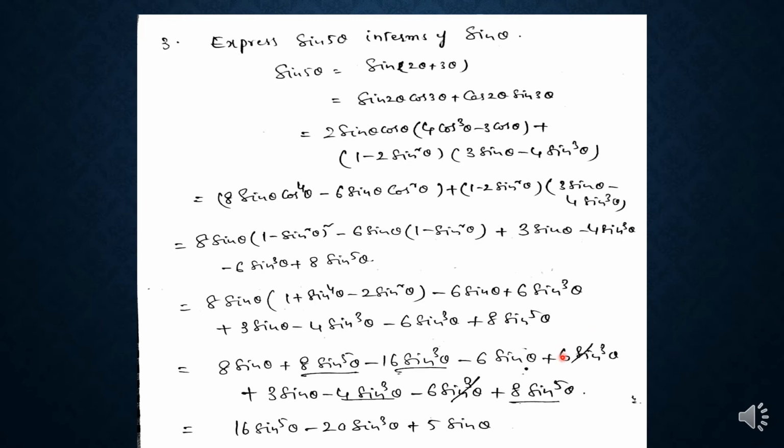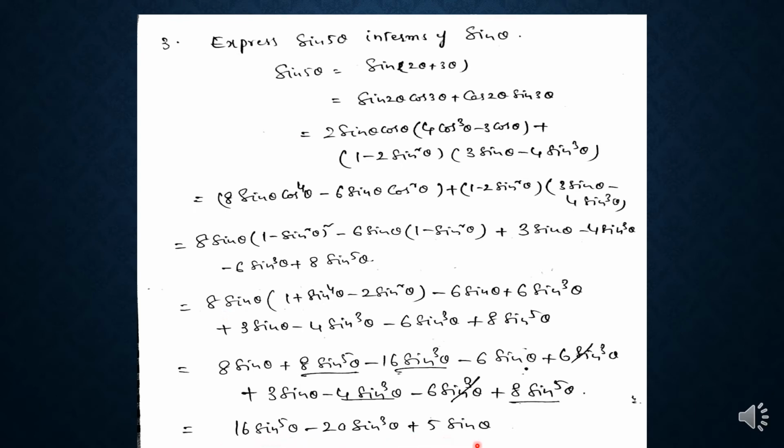Here plus 6 sin cube theta and minus 6 sin cube theta get cancelled. 8 sin theta minus 6 sin theta is 2 sin theta, plus 3 sin theta, that is plus 5 sin theta. So in total we got 16 sin to the power of 5 theta minus 20 sin cube theta plus 5 sin theta. All terms are converted into terms of sin theta. So sin 5 theta is equal to 16 sin to the power of 5 theta minus 20 sin cube theta plus 5 sin theta.